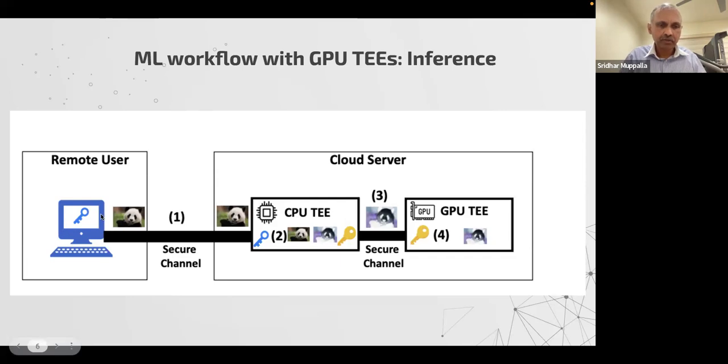They issue a prompt, the prompt goes in a secure way to the CPUT, and the CPUT sends it to GPT, and GPT, after decrypting it, runs that prompt on the LLM, and the LLM generates the data, nice text, and that is sent back to the CPUT, and CPUT decrypts it, and again it encrypts with the blue color shared key and sends it back to the end user.